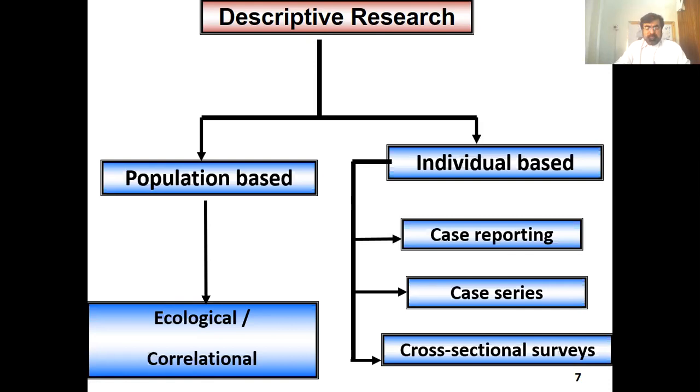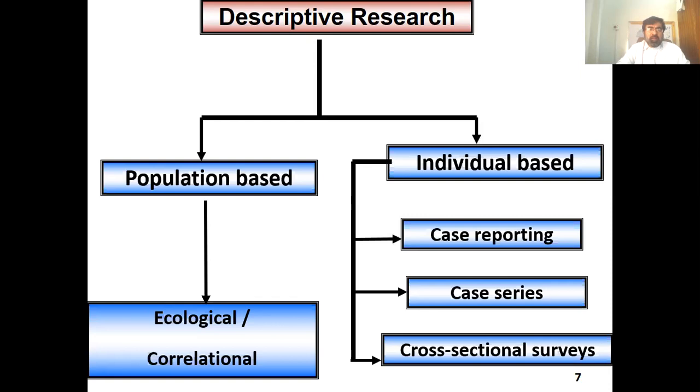For example, if the first case of COVID-19 developed in a particular country, for example China, they were surprised to see these signs and symptoms, this is the condition of the patient, and if you report all the signs and symptoms and the pathophysiology of that disease in a single individual, that would be called case reporting. And a case series is when you find the same disease in several people, from 3 to 7 people, or multiple people.